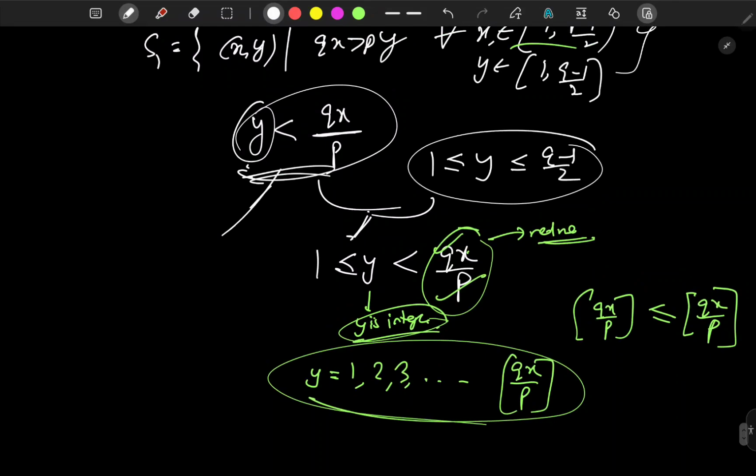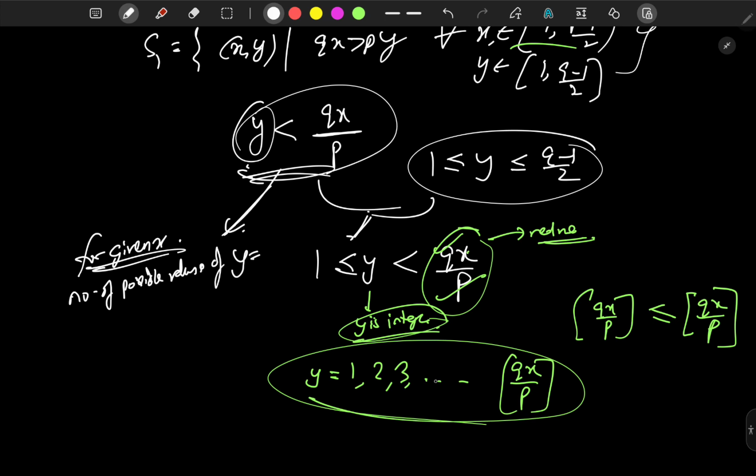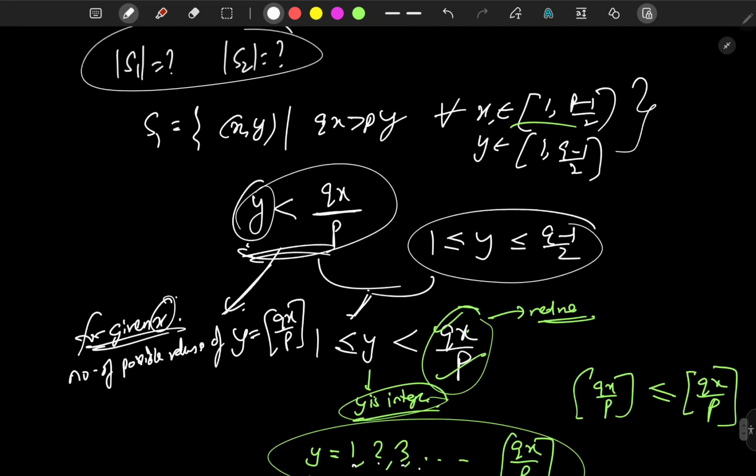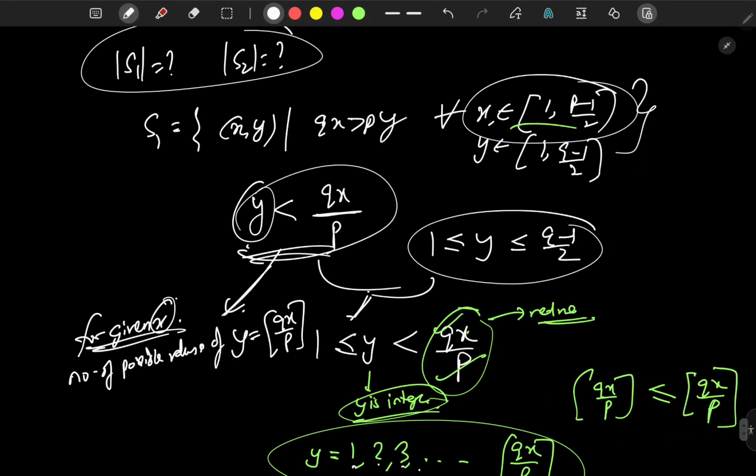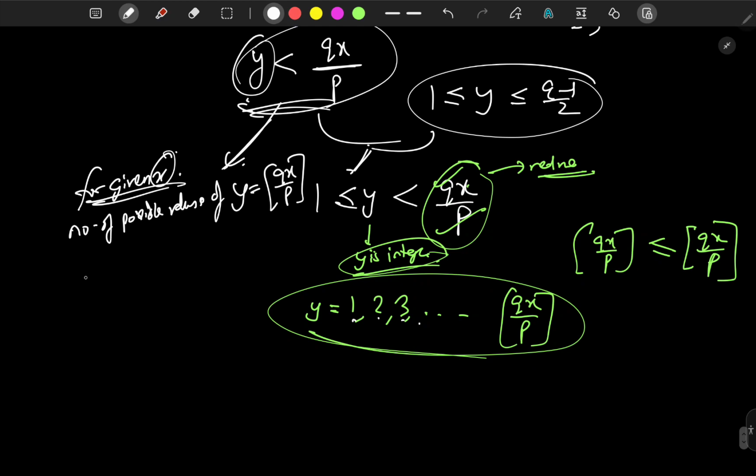That means for a given x, the number of possible values of y is 1, 2, 3, 4, up to qx/p. But how many such x are possible? There are (p-1)/2, meaning x equals 1, 2, 3 and so on up to (p-1)/2.